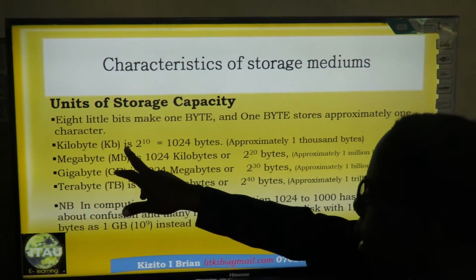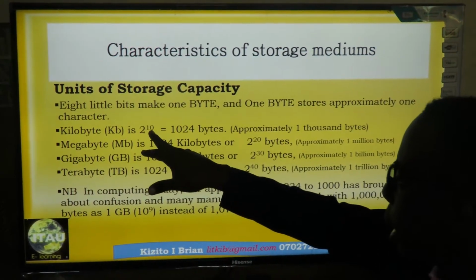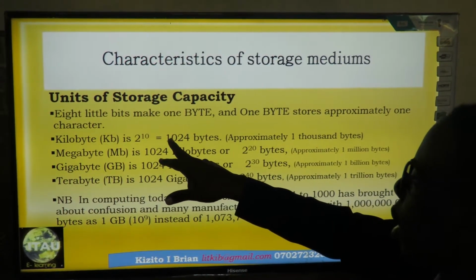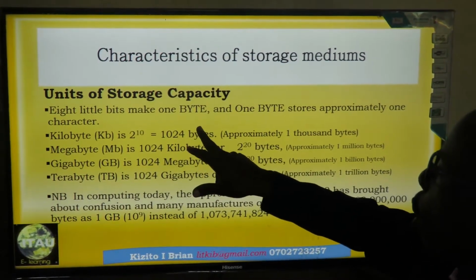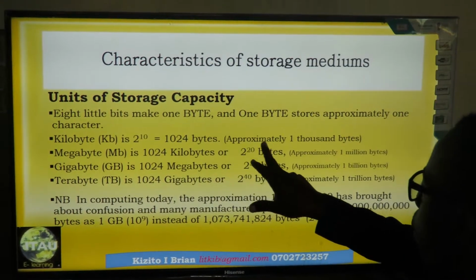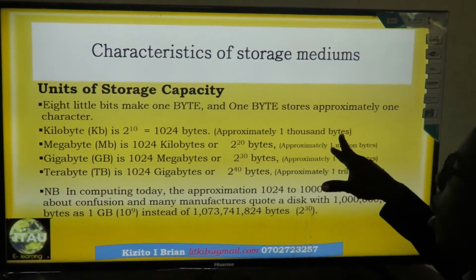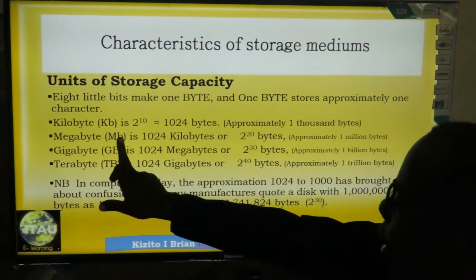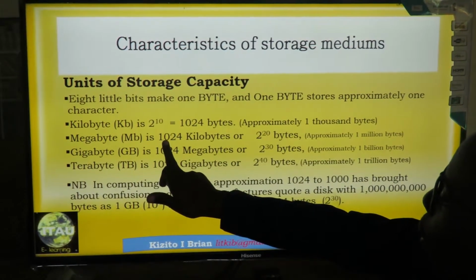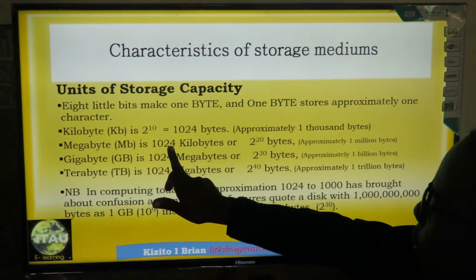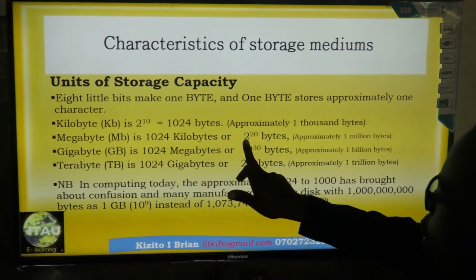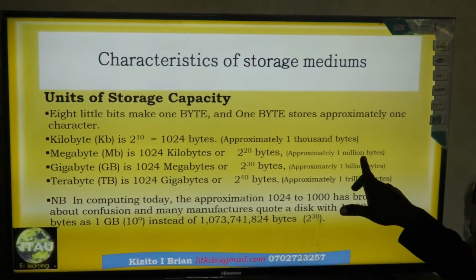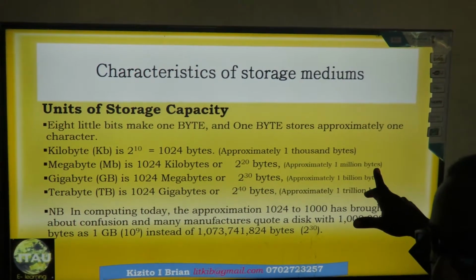A kilobyte is 2 power 10. Therefore, a kilobyte is equivalent to 1024 bytes, approximately 1000 bytes. The megabyte is 1024 kilobytes, or 2 power 20 bytes, approximately 1 million bytes.